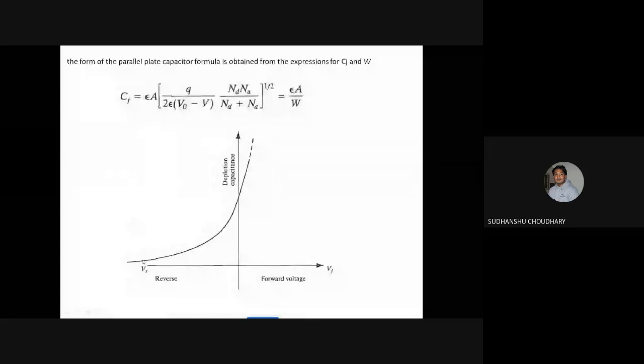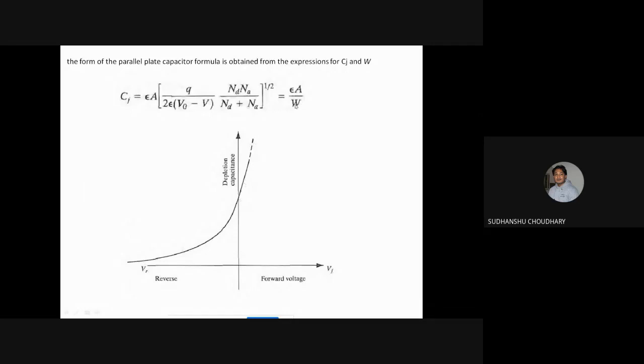Otherwise, in the forward bias mode, since this width becomes very small, this becomes almost infinite for small forward biases. That is why we say that the junction capacitance or depletion capacitance is dominant or useful in the reverse bias region of operation of the PN junction diode.